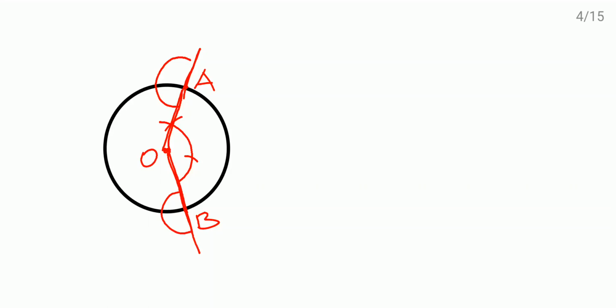Now from this point, cut it here without changing the radius, cut it here. Now from this point, wherever the arc I have made, make one arc at this place. From this arc, cut the previous arc, and then draw a line through this one.